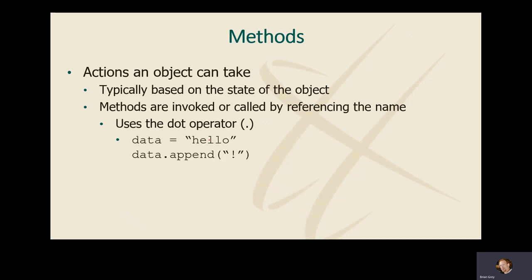So for instance, we could say dot append, and that will add an exclamation point at the end of the string. Technically, this I believe will return the data, right? Because string is immutable. Okay.